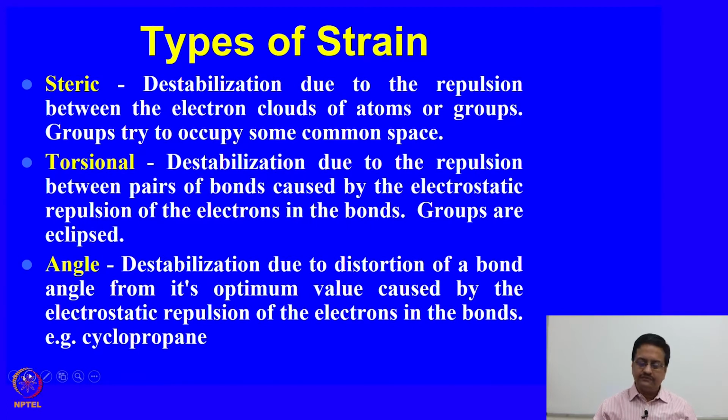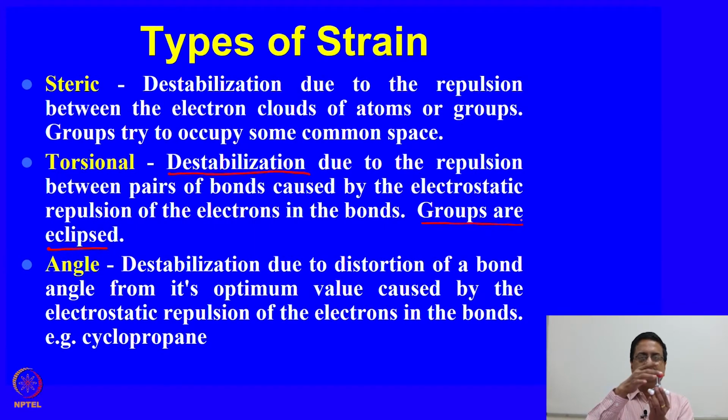The next type of strain or destabilization is due to the repulsion between pairs of bonds, caused by the electrostatic repulsion of the electrons in the bonds. Again, this happens when the bonds or groups are in the eclipsed conformation. In this particular case, we have 2 types of strains.